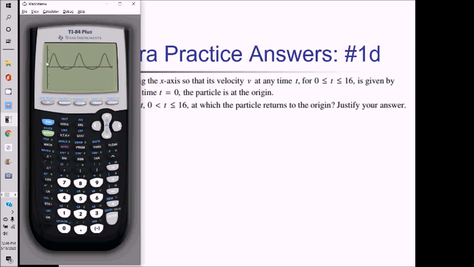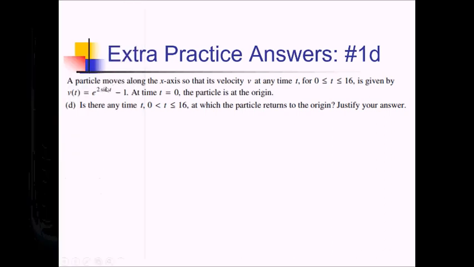We notice that there's a huge distance to the right here, followed by a smaller distance to the left, followed by a huge distance to the right, which is identical to that first distance, followed by an equally small distance to the left, and this pattern just keeps going over and over again, since this is, when you get down to it, basically a trigonometric function. So it doesn't look like our particle is going to return to the origin.